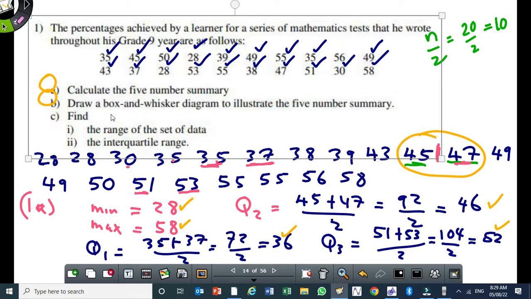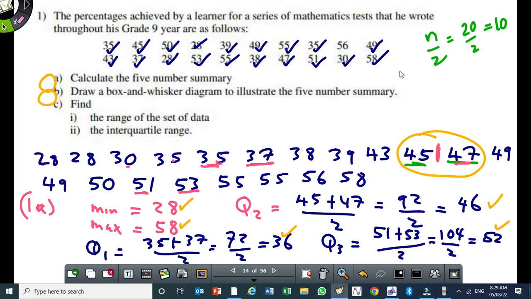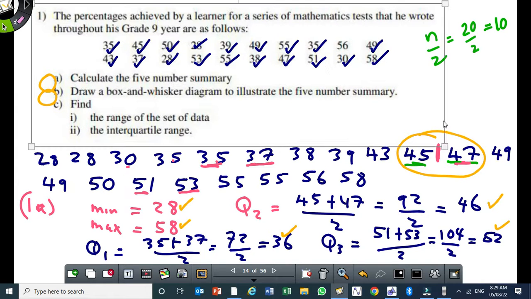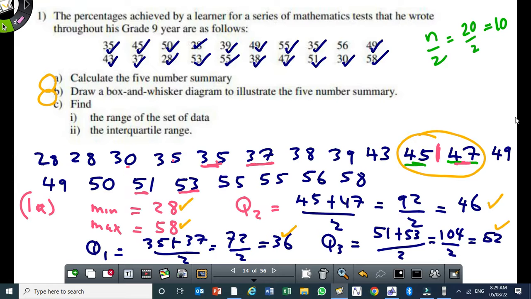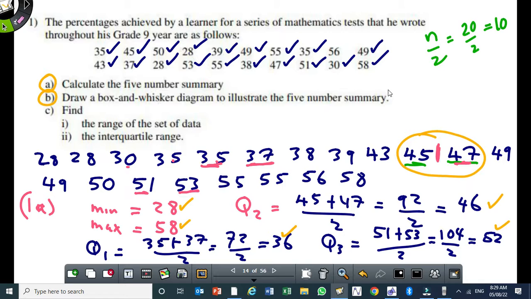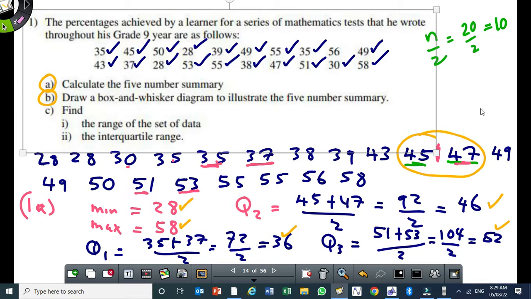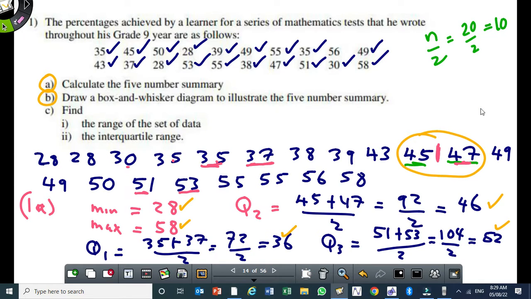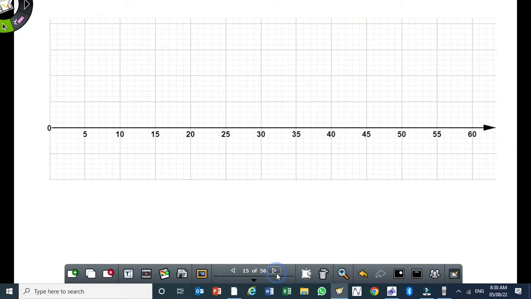So if I want to draw the box and whisker, I must use my 5-number summary. So I'm going to start with the minimum first, right?